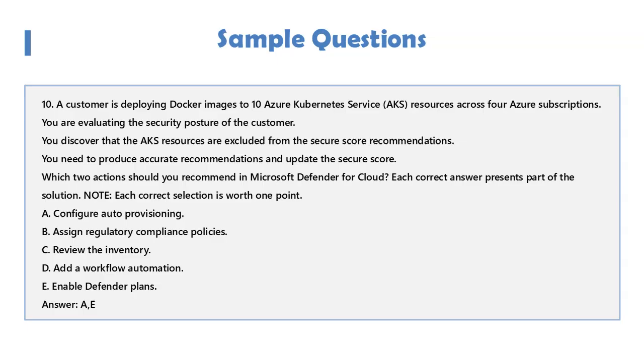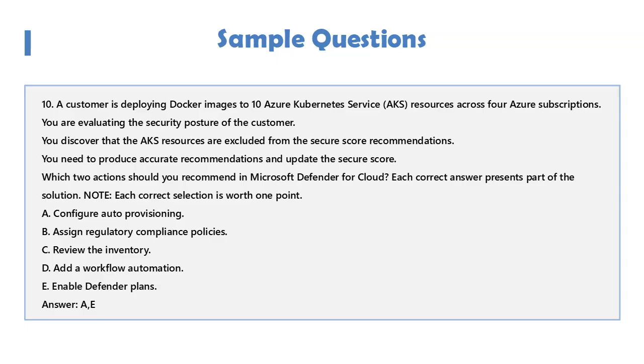10. A customer is deploying Docker images to 10 Azure Kubernetes Service, AKS, resources across 4 Azure subscriptions. You are evaluating the security posture of the customer. You discover that the AKS resources are excluded from the Secure Score recommendations. You need to produce accurate recommendations and update the Secure Score. Which 2 actions should you recommend in Microsoft Defender for Cloud?